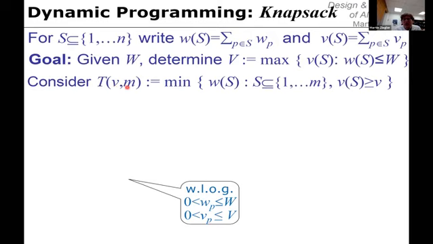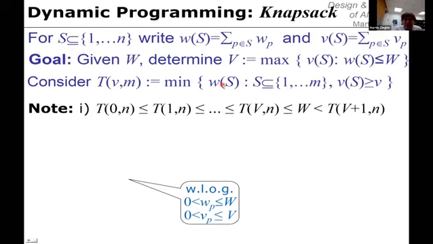Namely, if in the end we set m equal to n, that means consider all packets. That's what we really want, right? We want to consider all possible packets, and also look at all the possible values that are achievable within a certain weight bound. I'm going to explain that once we've seen the table.